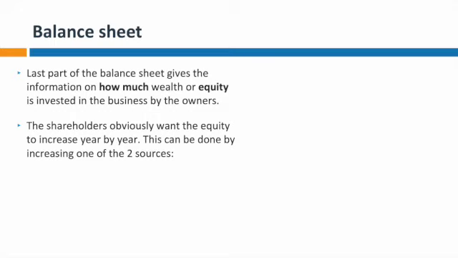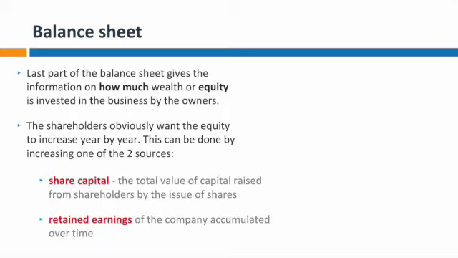The last part of the balance sheet gives us the information on how much wealth or equity is invested in the business by the owners. Obviously there is going to be some share capital, which is the capital that you come with at the beginning. In Czech, we call it základní kapitál.